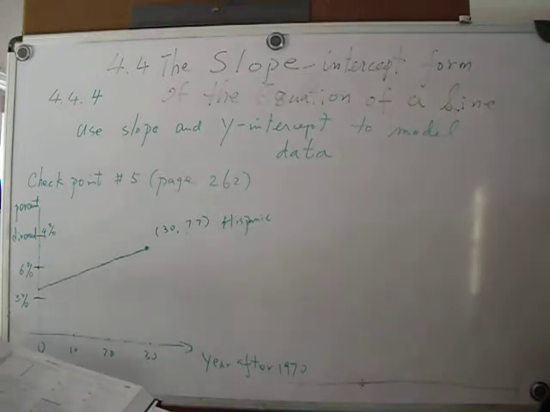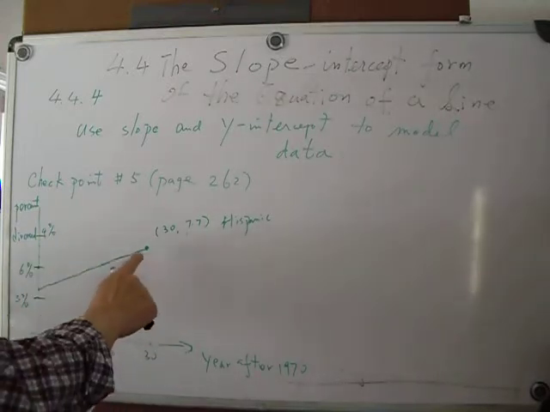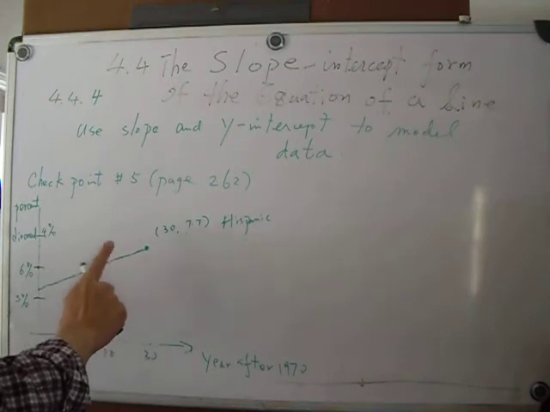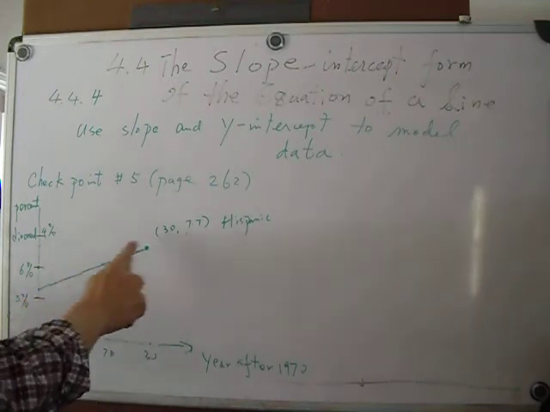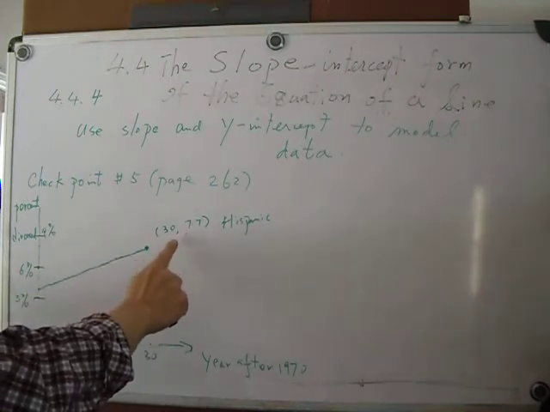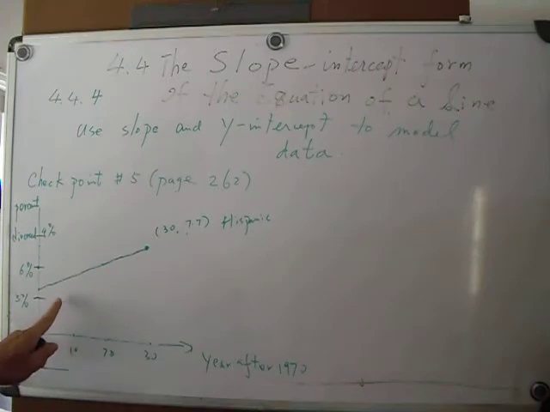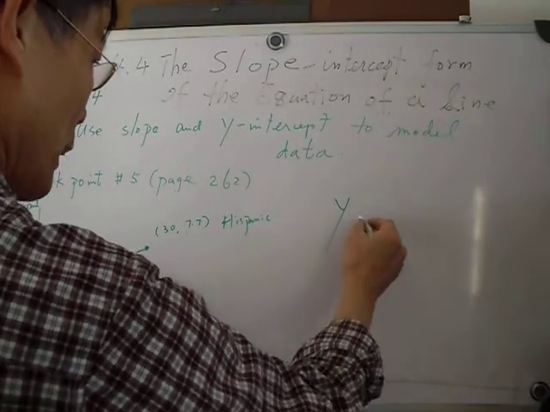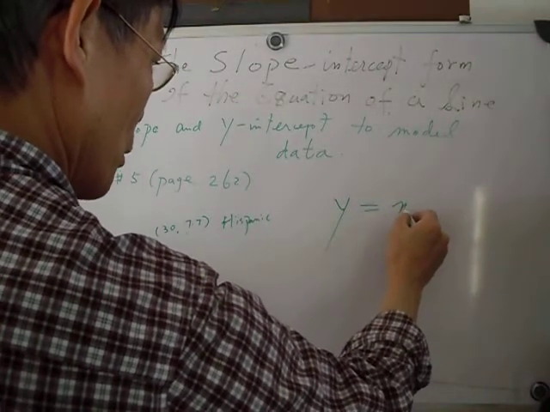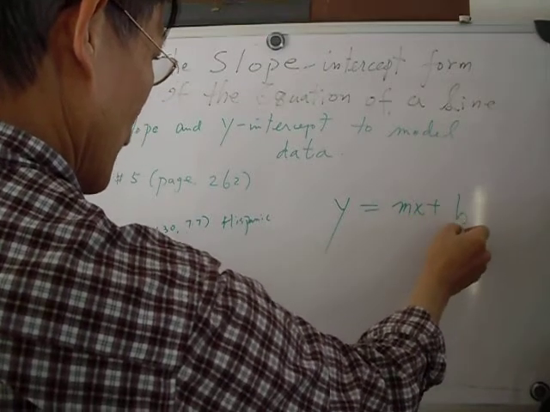Now we want to write out the equation of the line in slope-intercept form. We have the y-intercept and the second point. So the question is, how do we find the slope here? We want slope-intercept form like this.